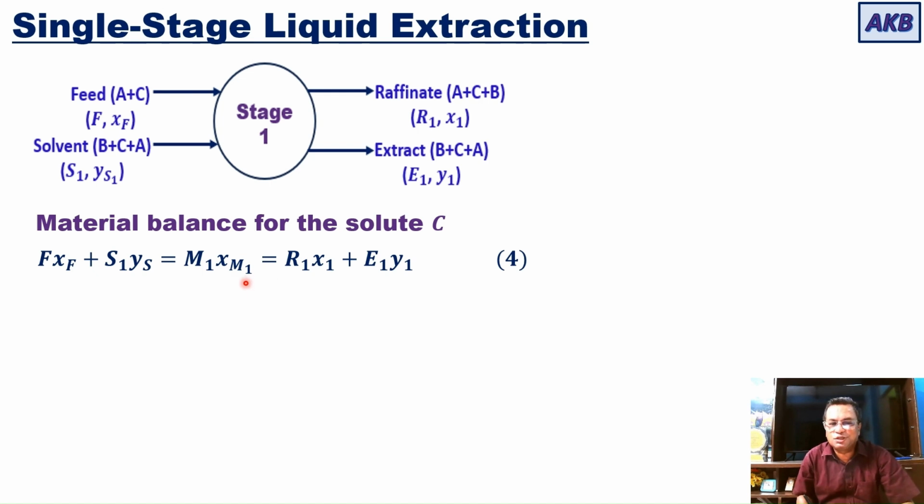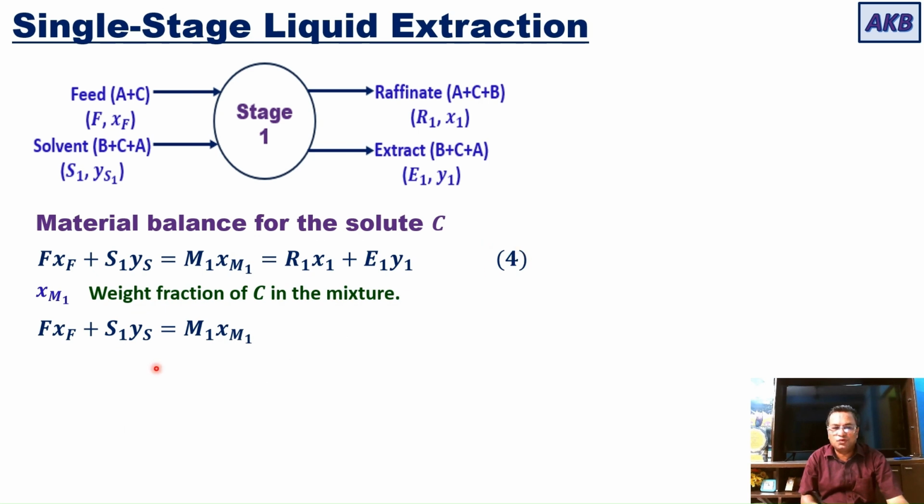XM1 is weight fraction of C in the mixture. That will be equal to solute in the raffinate, which is given as R1X1, total raffinate into weight fraction of solute in it, plus solute in the extract, total extract into weight fraction of the solute in the extract. So in this case, XM1 is weight fraction of C in the mixture.